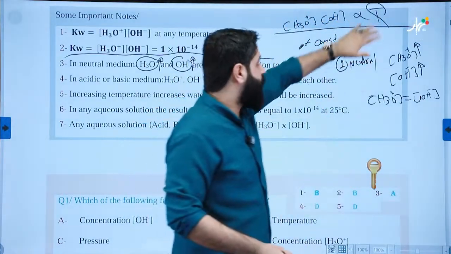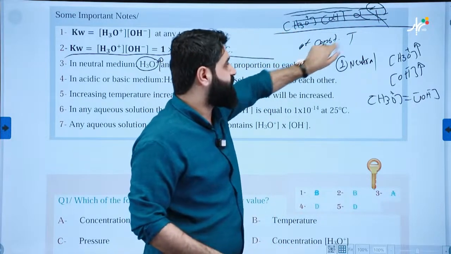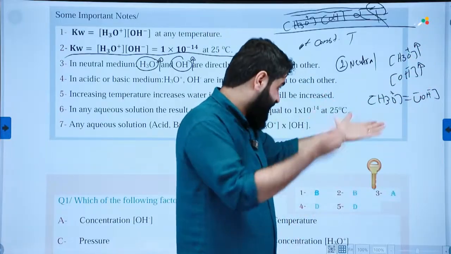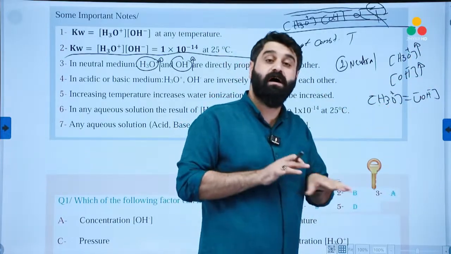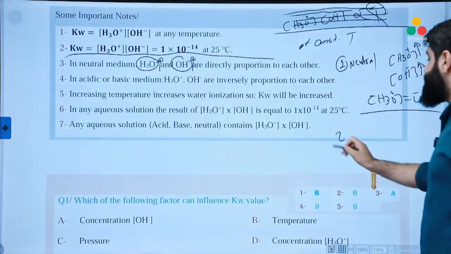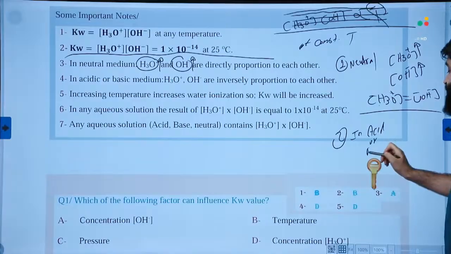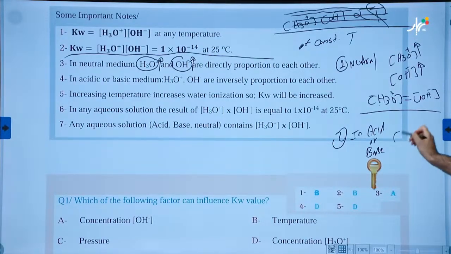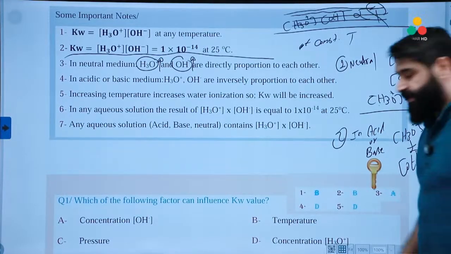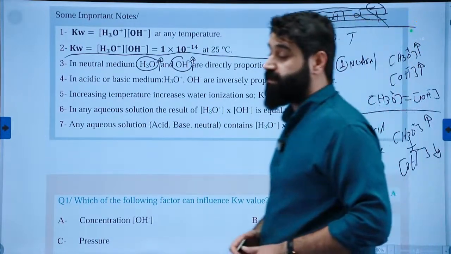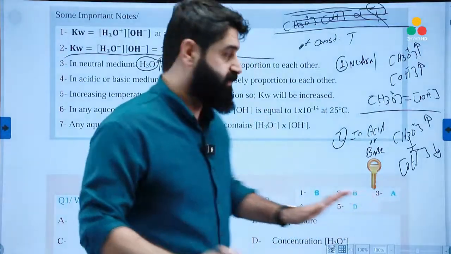But at constant temperature in neutral medium, if H3O is increased, OH must increase also, because H3O and OH are always equal. But in acidic or basic medium, H3O and OH are inverse. If I increase H3O, OH must decrease. If I decrease H3O, OH must increase. Good? That's all.